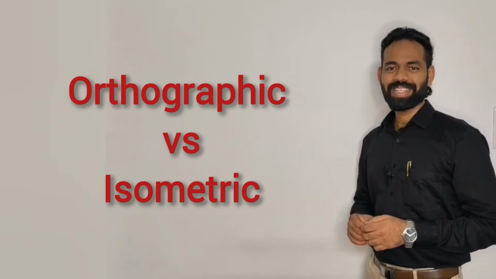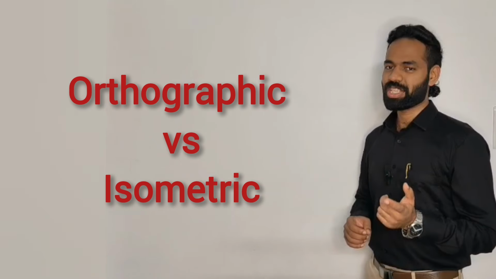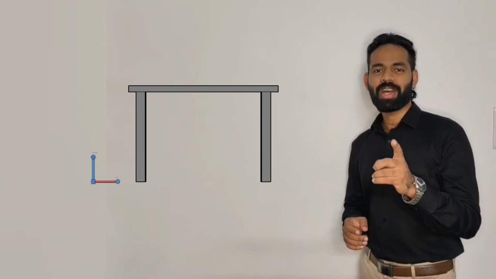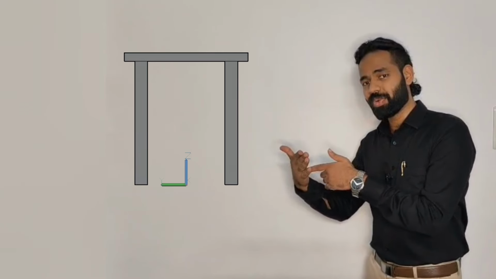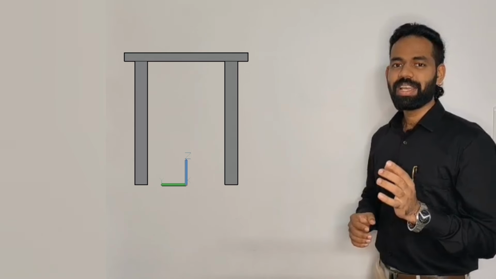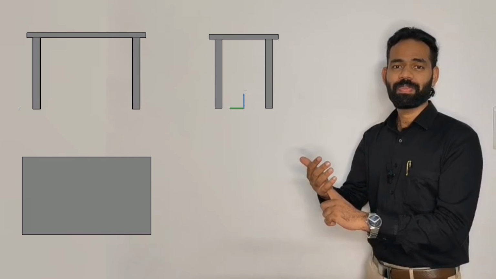Now we can compare the orthographic view and the isometric view. Remember the picture I first showed in the video? That is the front view, the top view and the side view of a table. So in order to understand an object, we need multiple figures, that is the front face, the top face and the side face.